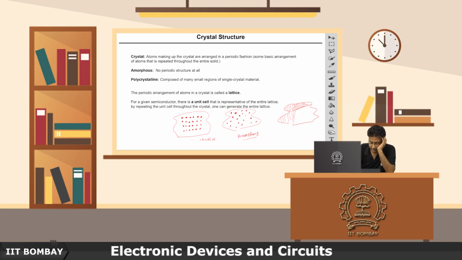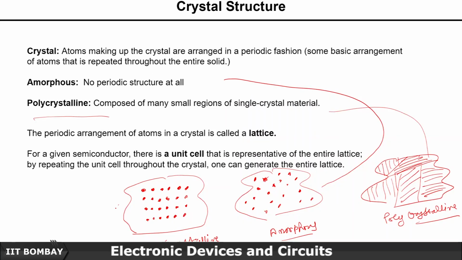So you can say this is polycrystalline. In amorphous, there is no periodic structure. Polycrystalline is composed of many small regions of single crystal material. And crystalline or crystal is atoms making up the crystal arranged in a periodic fashion.